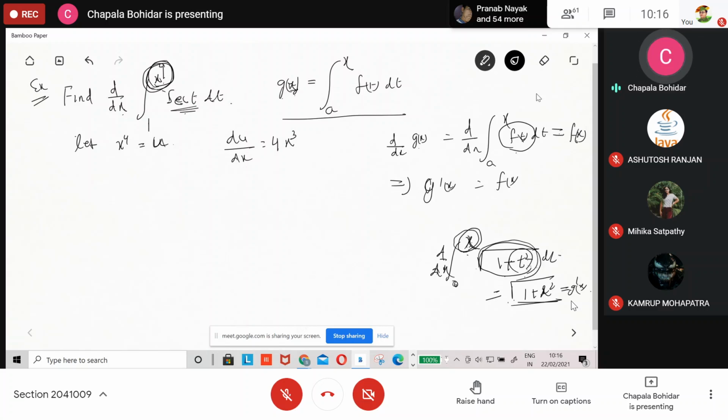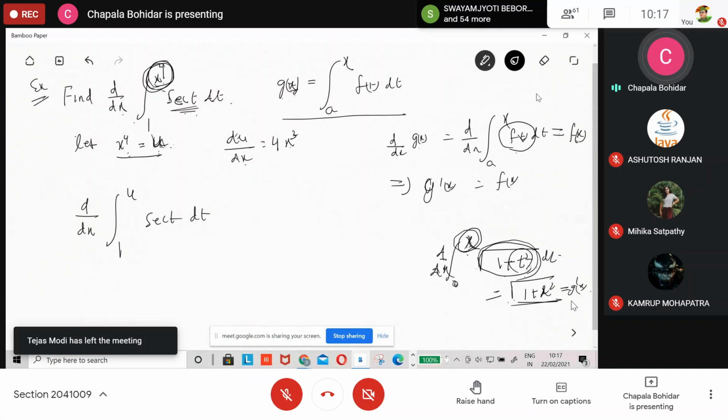So I write x to the power 4 is equal to u, where u is a function of x. Then differentiating, du by dx is equal to 4x cubed. So now we find d by dx of the integral from 1 to u of sec t dt.